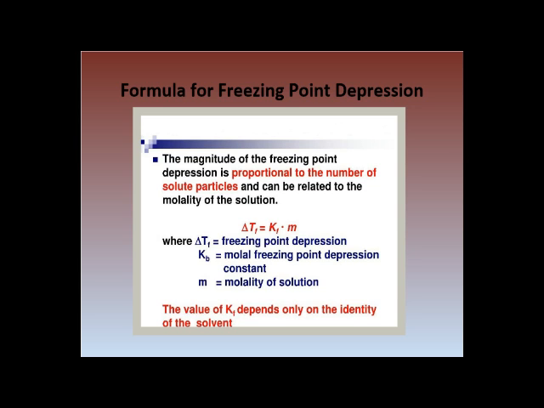Here delta Tf is Tf0 minus Tf. That is, temperature of pure solvent minus temperature of solution, or freezing point of pure solvent minus freezing point of solution, because freezing point of solution is the lower value.